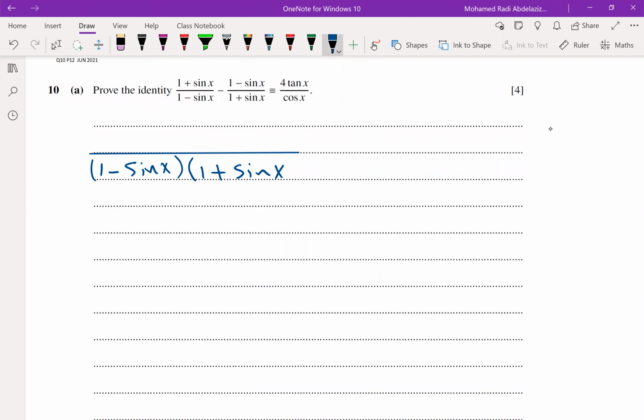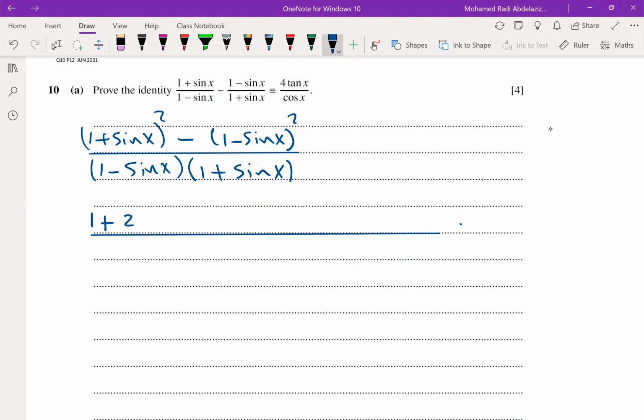Then the numerator will be 1 plus sine x all to the power of 2 minus 1 minus sine x all to the power of 2. Expand and simplify the numerator. 1 plus 2 sine x plus sine squared x minus.